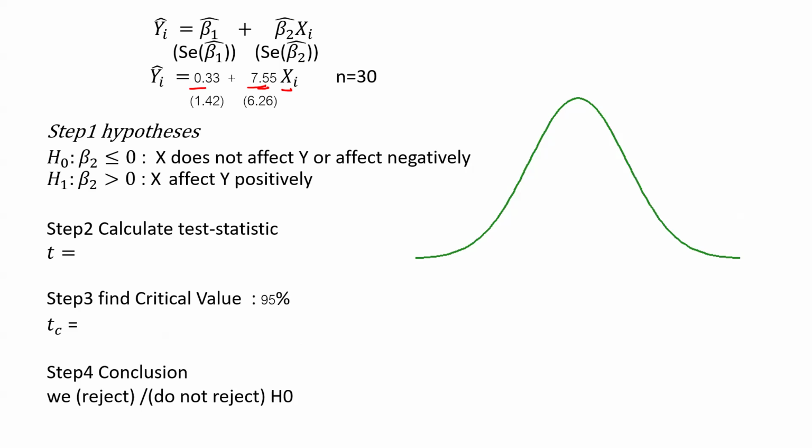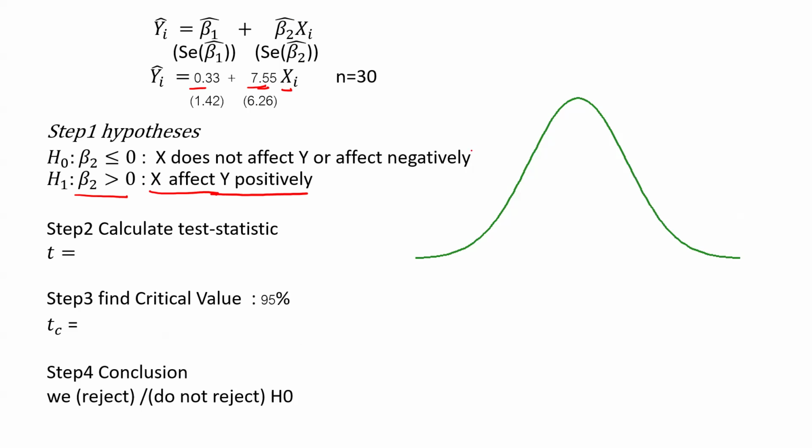They would like to test whether X affects Y positively or not. So we change from the verbal statement to beta 2 greater than 0. This means beta is clearly positive.